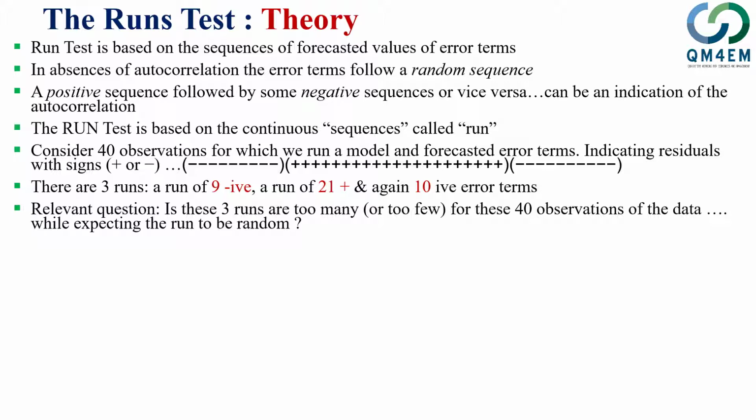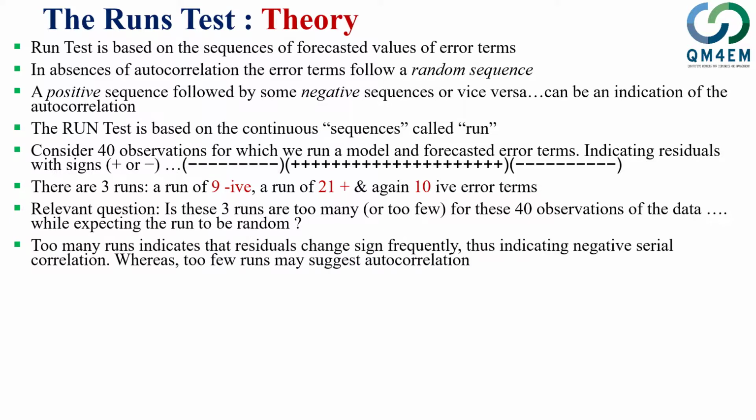In other words, if we say that the error terms are random, then we have to know whether the 3 runs we are getting for these 40 observations are too many or too few. Based on that we determine the number of runs, and if it is as expected, we can say the errors are following a random pattern.